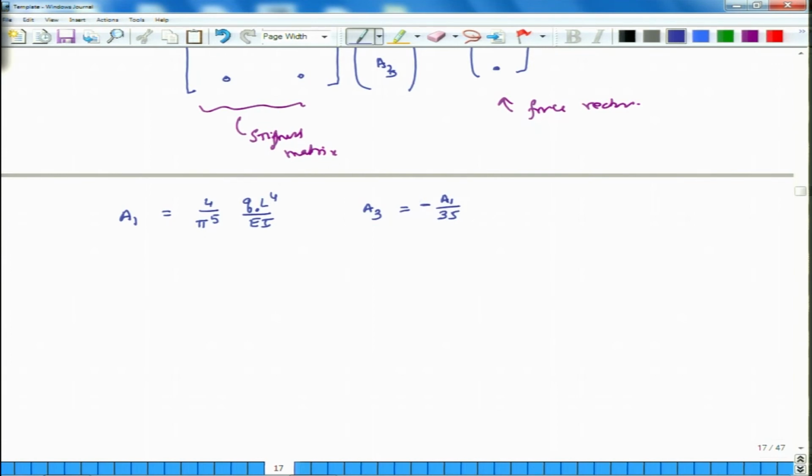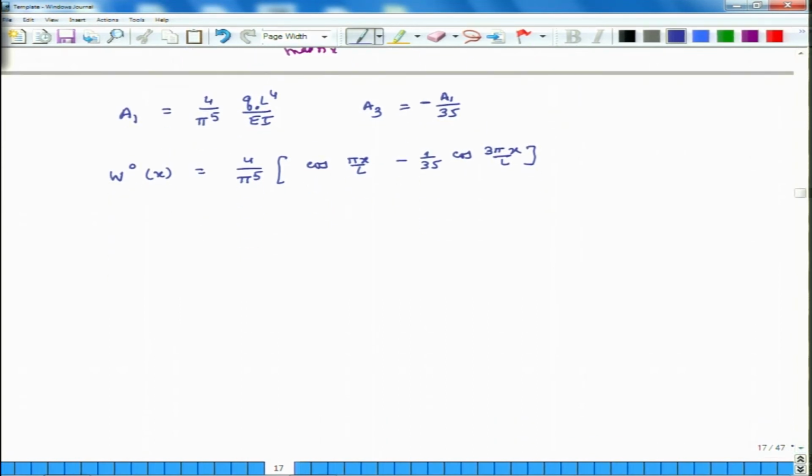So, this is what we find out. W naught of x is equal to 4 over pi to the power of 5 times cosine pi x over L minus 1 over 35 cosine 3 pi x over L. So, this is our two term solution.